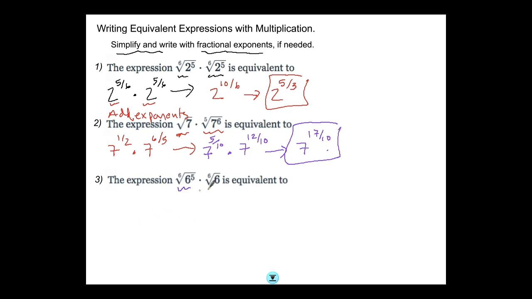Last but not least here, let's just show you slightly different. 6 to the 5/6, 6 to the 1/6. Let's add our exponents here. 6 to the 6/6, which is 6 to the 1, which is, voila, 6. Now that one I'm going to heart because I love that one.